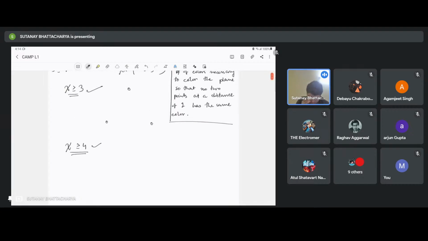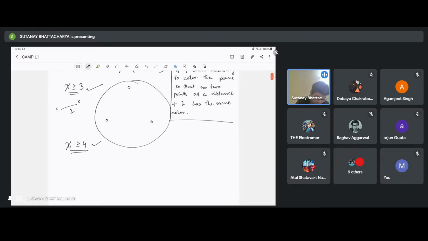So here are some things you need to care about. What's the reason this construction worked? The only reason this construction worked was we have information about this configuration of 2 points at a distance 1 from each other, and we know they have to be of different colors. So the only configuration we have information about is this, and we want to construct an example that has multiple interrelated examples of this construction.